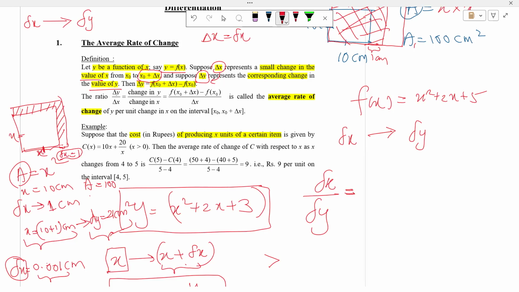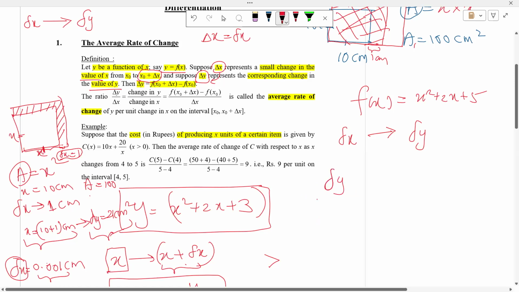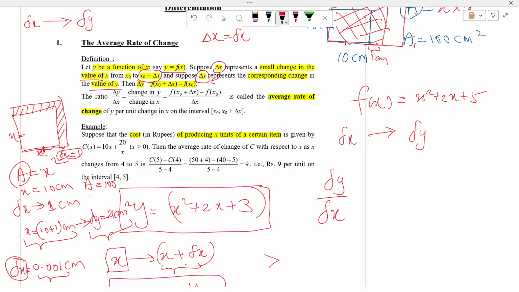So how can you find out? Sorry, I wrote it this way, delta y over delta x, right? It means if I do a small increment on x, because of that small increment on x, my y value, my function f of x, also has an increment.